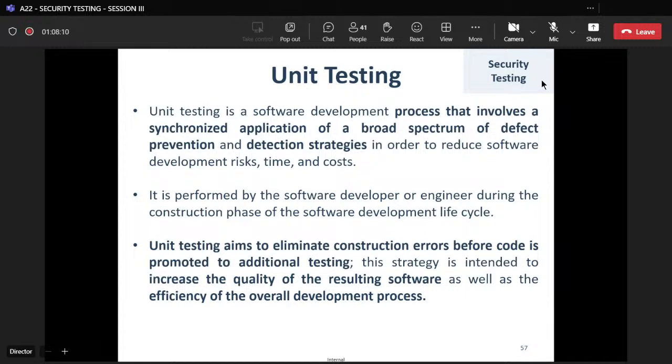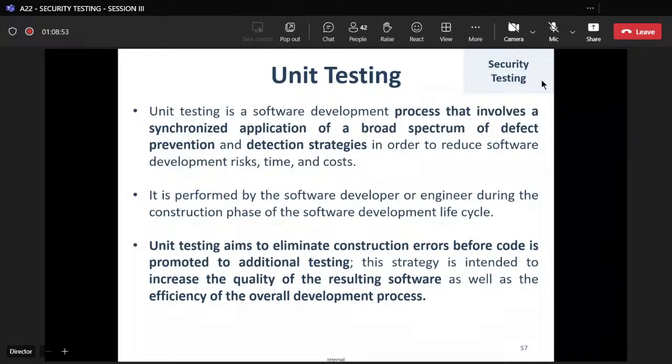Also, unit testing will help you increase the quality of the resulting software because we are testing each and every module first. Then we go to the next level of testing. So basically this enhances the overall efficiency of the development process, because an error identified at an early stage can be rectified with less effort. But if you identify a bug or an error at a later stage, before release to production, then you need a lot of complex effort to fix it.